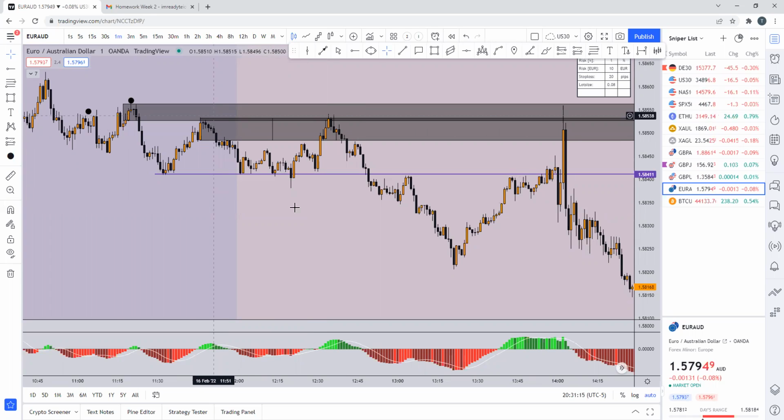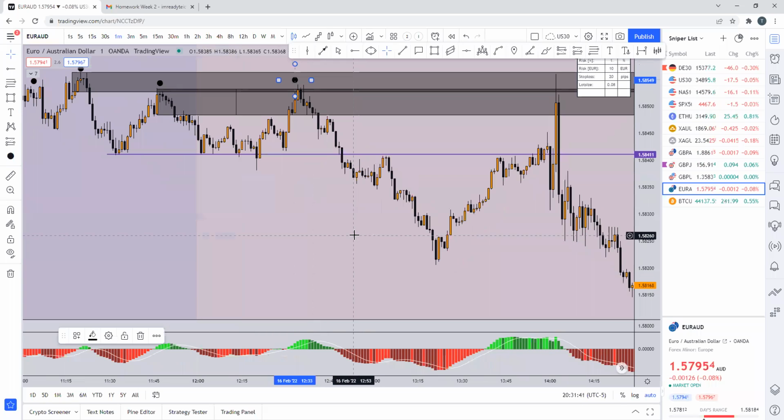So once it breaks right here, technically you could have gotten back in, but you would have got stopped out, because if you had put your stop loss right above here, technically price shouldn't come up. Price came up one more time and took that out, which now created this situation. Now you have another dot right here and a dot right here. And the same thing happened all over again.